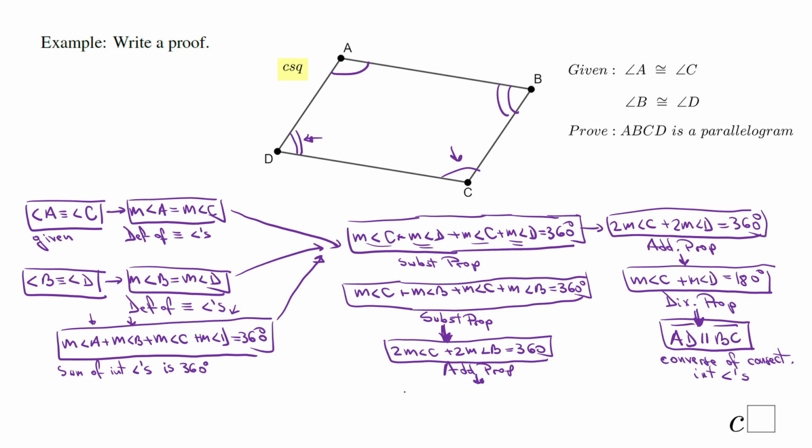Then we're going to divide by 2, and we have the measure of angle C plus the measure of angle B equals 180, because we do the division property. And now obviously from here I can draw one small arrow, and I'm going to write another thing, AB parallel with DC. And it's going to be the same converse of consecutive interior angles.